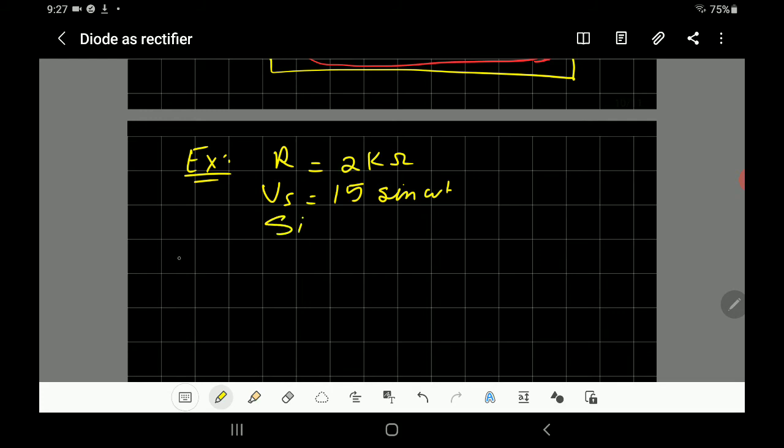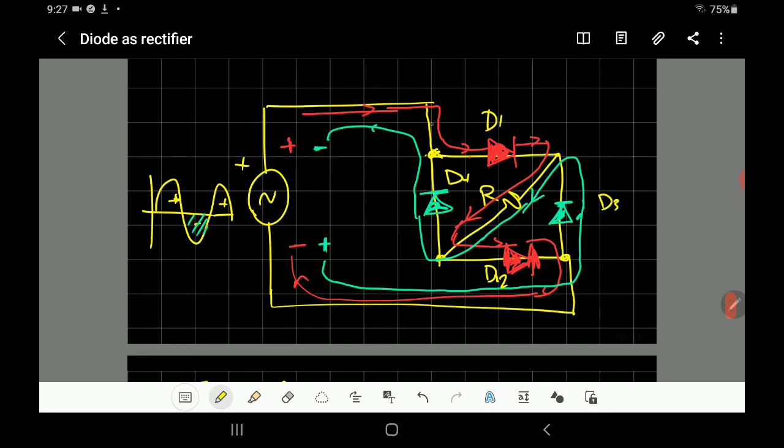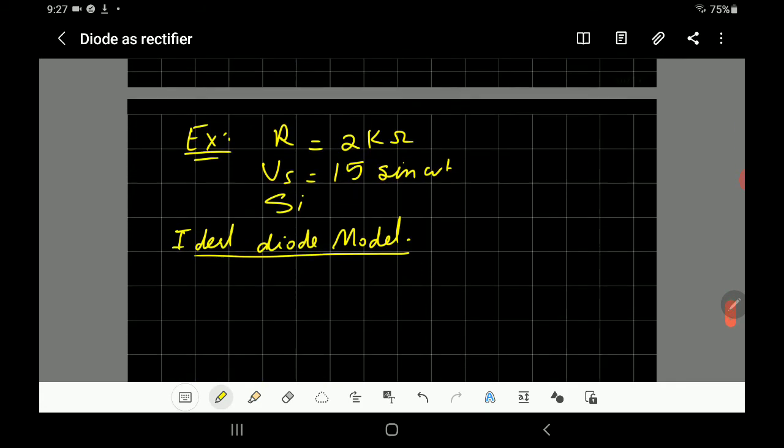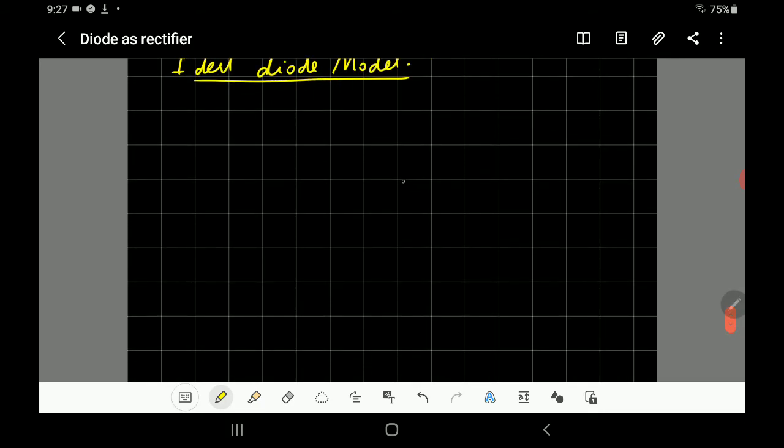First, we're going to use the ideal diode model. Okay. So when you go for the red one, the diode D1, the resistor, and diode D2 are conducting, but D3 and D4 are off. So I will sketch it simply, our square.